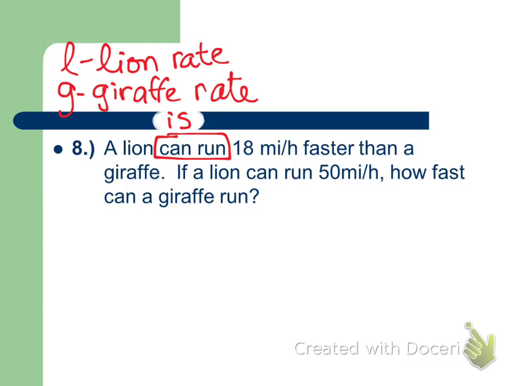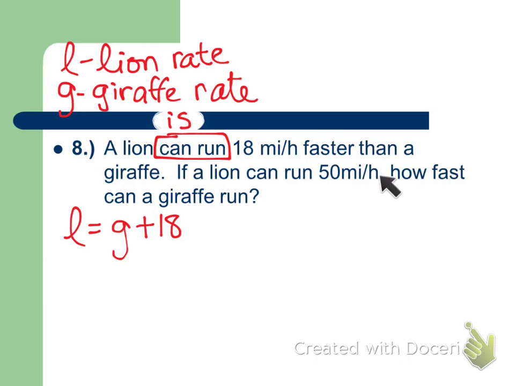So L equals 18 miles an hour faster than. What operation do you think we want? Addition. Like 18 miles an hour more than. It's the same idea. So we'll take a giraffe rate plus 18. This one now turns a little bit easier because now they tell us the lion can run 50 miles an hour.